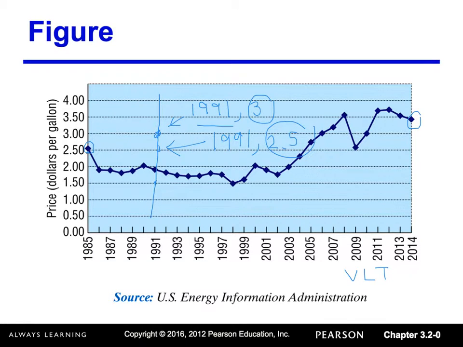And if it only meets that vertical line in one place, then we say that it passes the vertical line test. There's a one-to-one correspondence between x and y. There's only one x on that line and one corresponding y value.